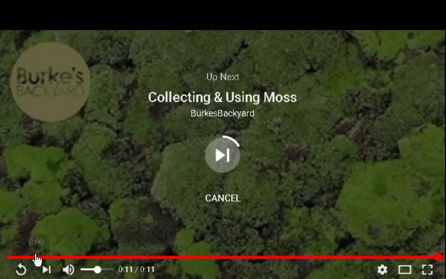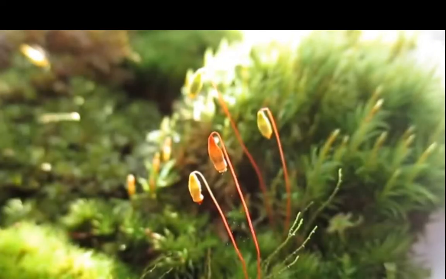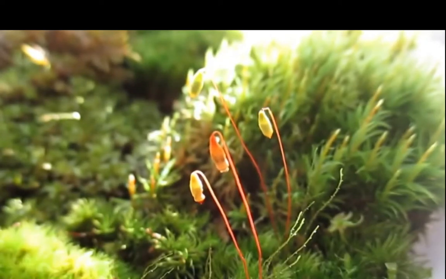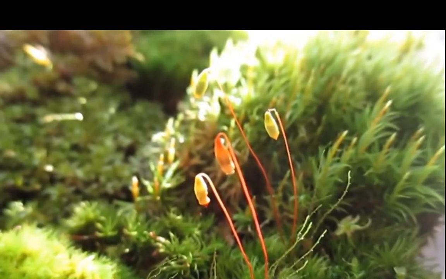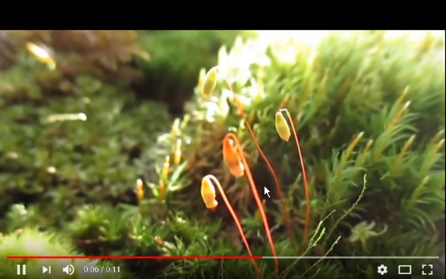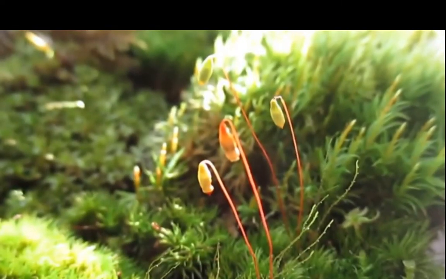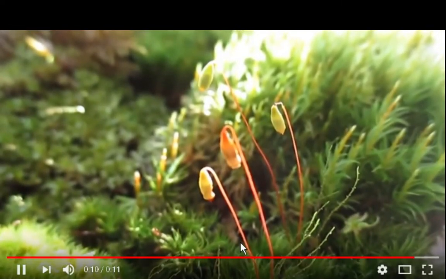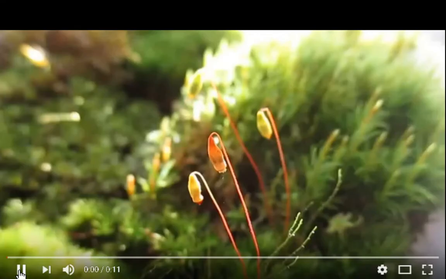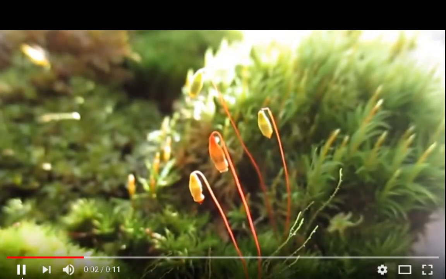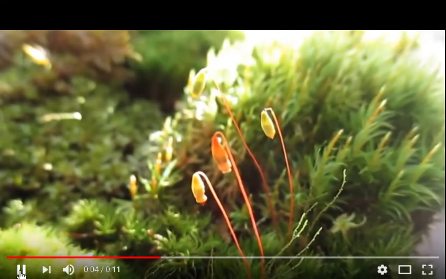Huh. I didn't see any moss. Oh, I see it. It's right there at the bottom. It was right at the beginning of the video. In the middle. The middle one. Right at the very beginning. It dropped some spores.